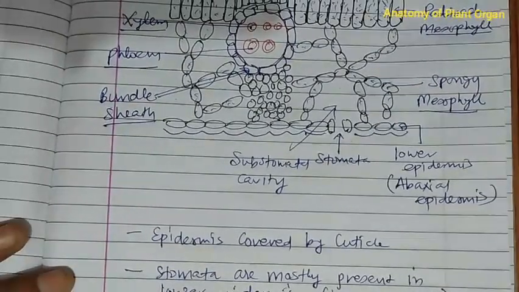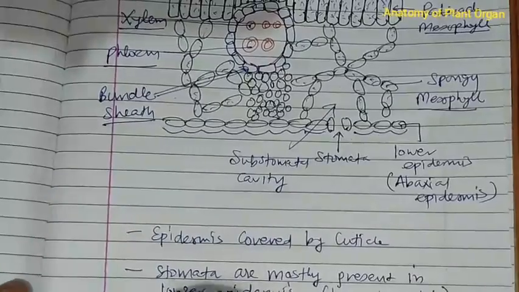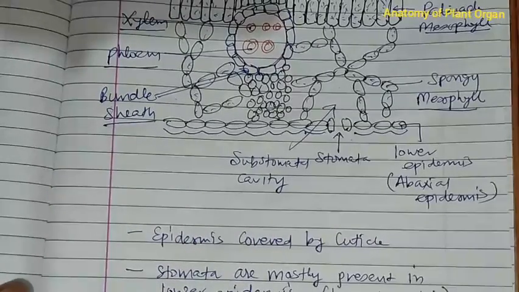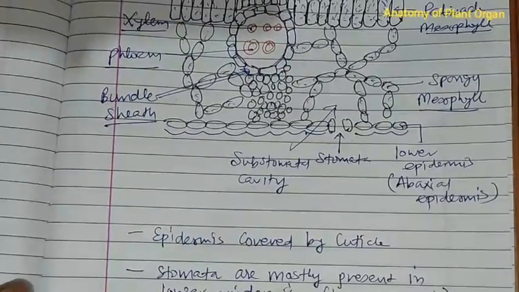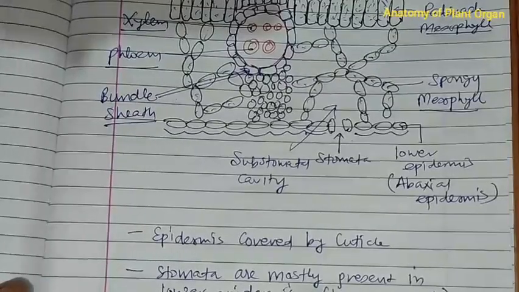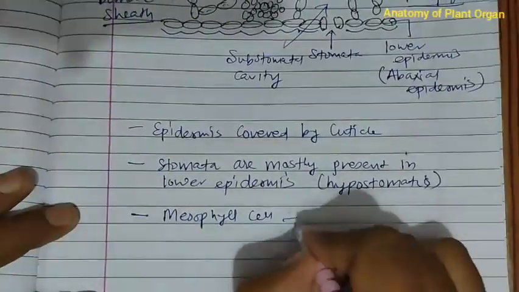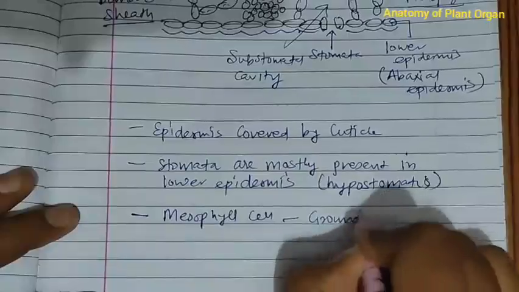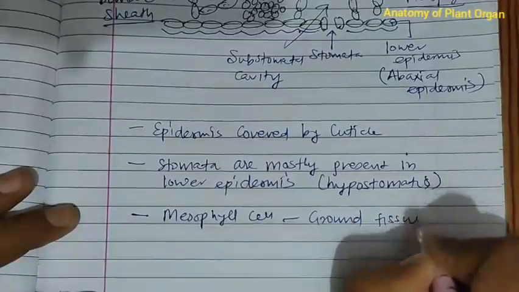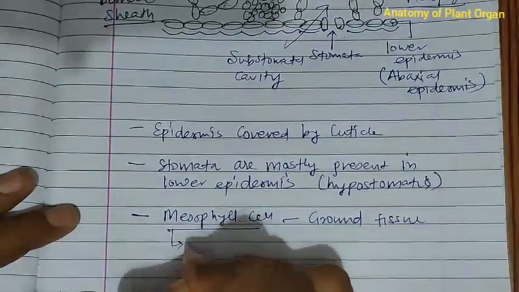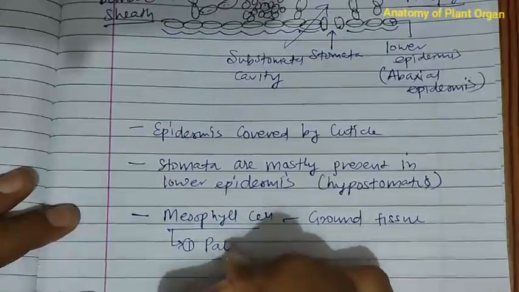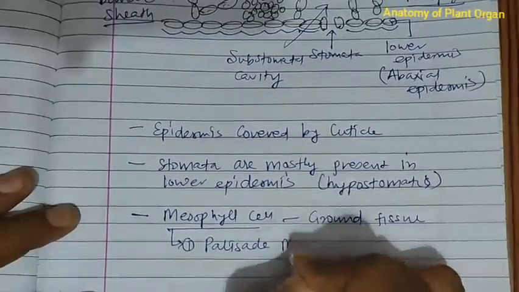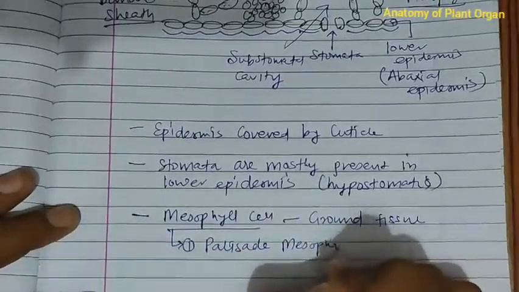Okay, then mesophyll cells represent a ground tissue, and these mesophyll cells are of two types. First is palisade mesophyll.